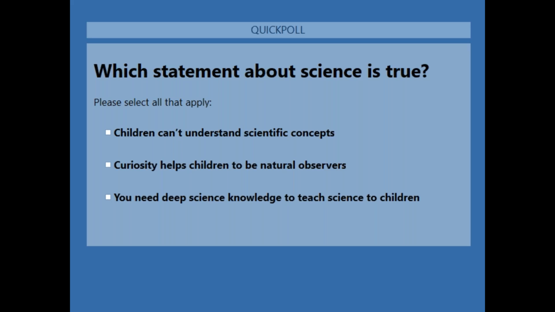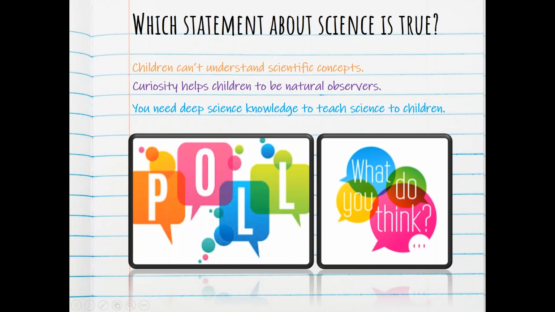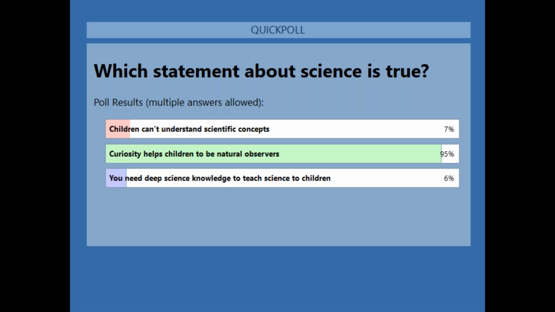Okay, so now I am going to close the poll and share those results with all of you. Okay, so it looks like 95% of you feel that curiosity helps children to be natural observers.